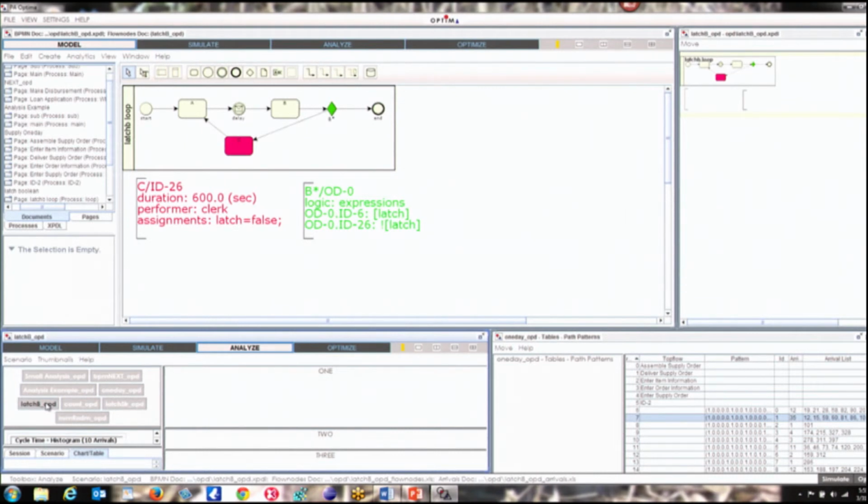It's also related to the fact that there are properties, and the initial values of those properties are something that was captured in the event logs. And consequently, it can make a distinction between, well, was this the initial time? Have things changed? So the green gateway, the logic for going around or not is determined by a Boolean property called latch. On the other hand, the task C actually changes the value of that property.